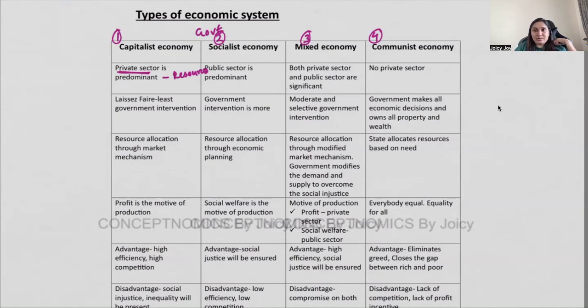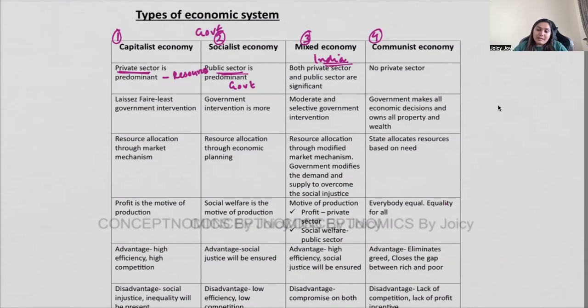But when it comes to a socialist economy, public sector is predominant, which means the government produces, distributes, and allocates the resources mostly. Third, we have mixed economy. A very good example of mixed economy would be India. I will be discussing the case of India in detail, after discussing these types of economic system.